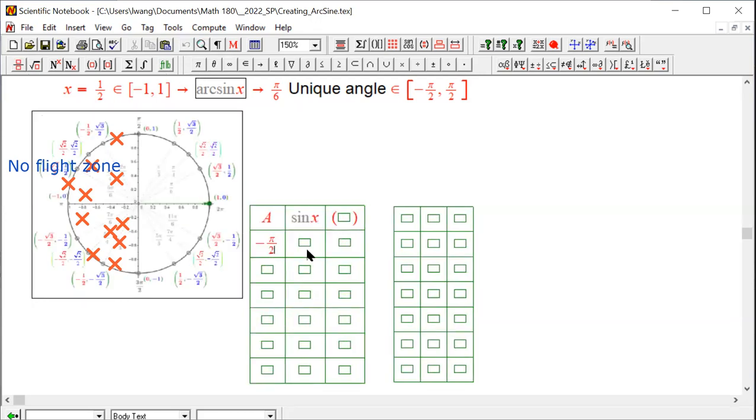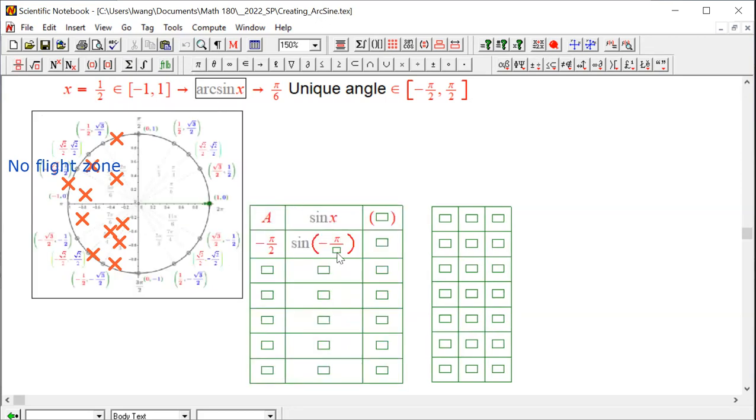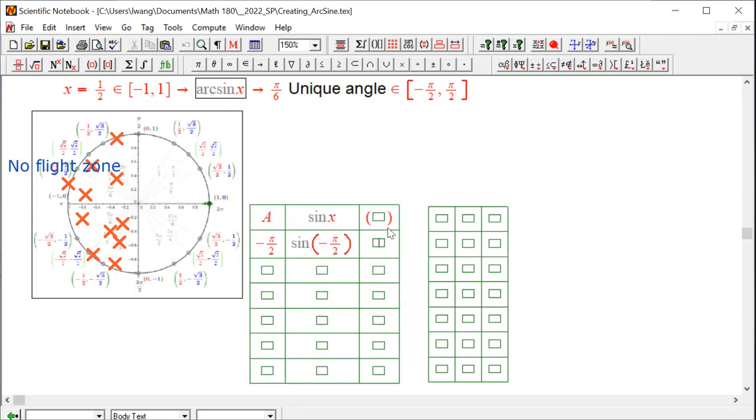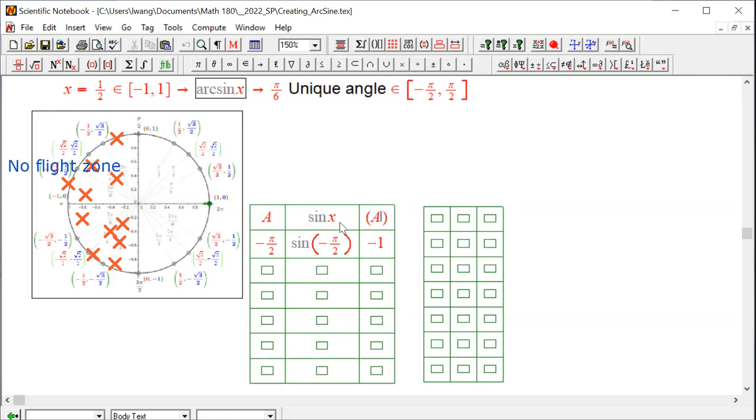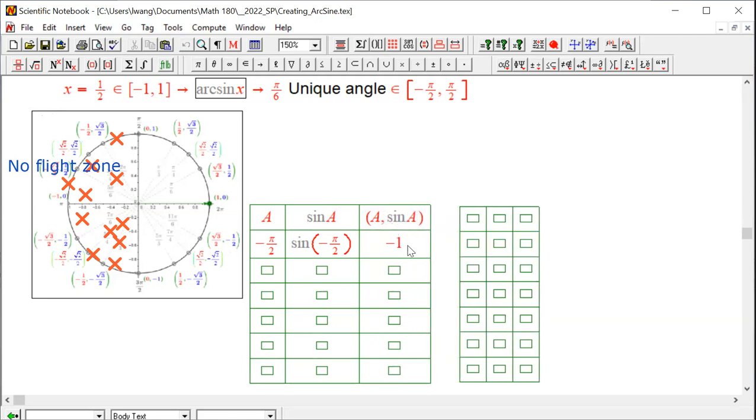And sine of negative pi over 2 produces -1. So the input, let me be consistent, is the angle A, and the output is sine of that angle. This is the angle, and this is the ratio.